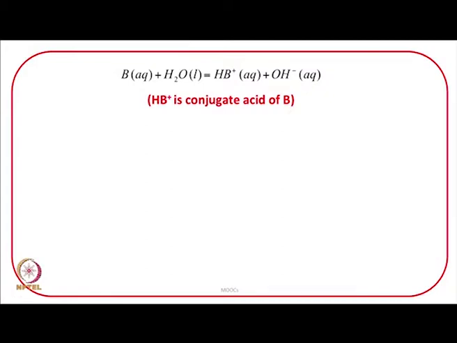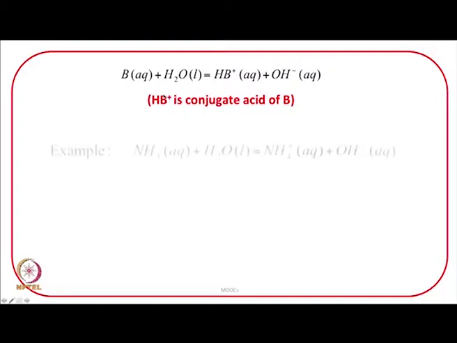In the same manner, if B is a base, then its conjugate acid is HB plus. When this base is dissolved in water, after accepting the proton, HB plus becomes the conjugate acid of the base B.